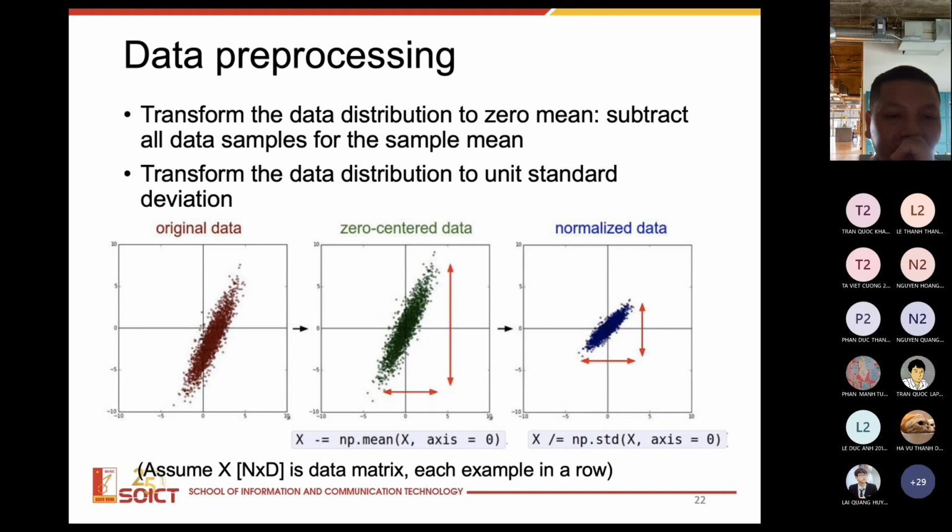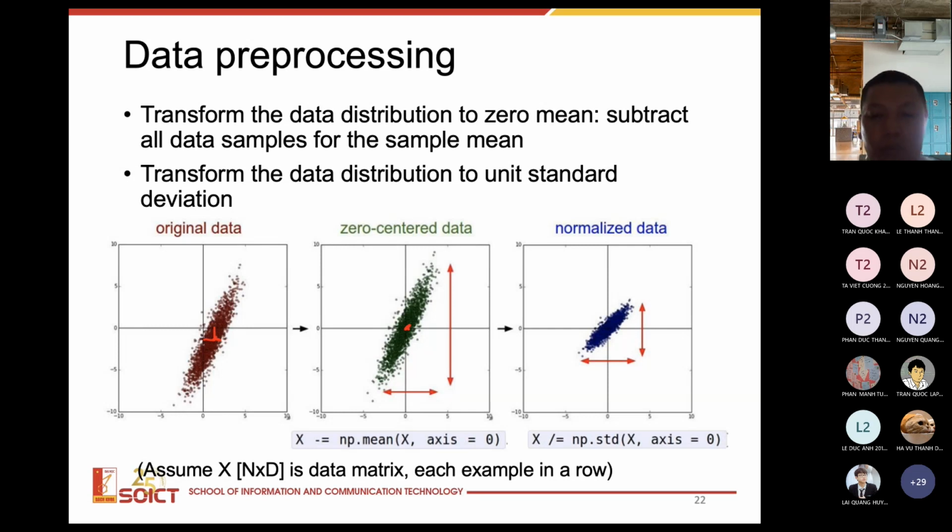It's not zero mean. For the X, the mean would be somewhere in here. We can zero-center the data to have it centered around the origin of the axis, and in order to do this, we subtract the sample mean.